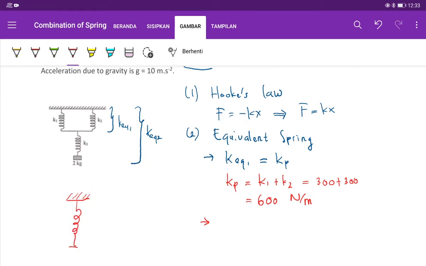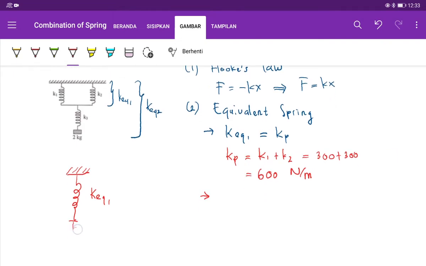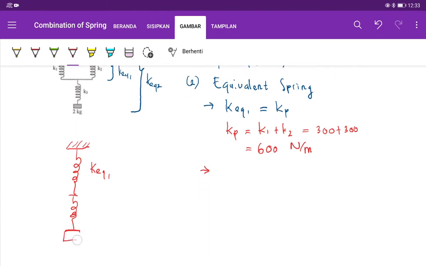Alright, so we have K equivalent 1, which is the parallel connection between K1 and K2, and it is connected in series to the K3 here.